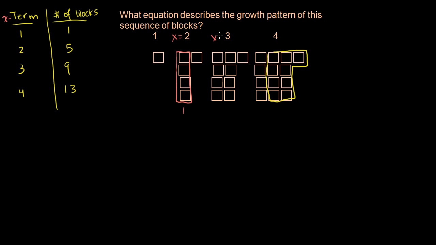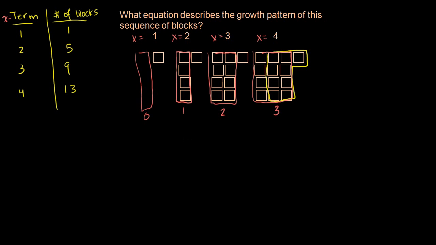Then when x is equal to 3, we have 2 columns of 4 right there. And you could even say when x is equal to 1, you had 0 columns, right? We had no extra columns of 4 blocks. And then when x is equal to 4, we had 3 columns.